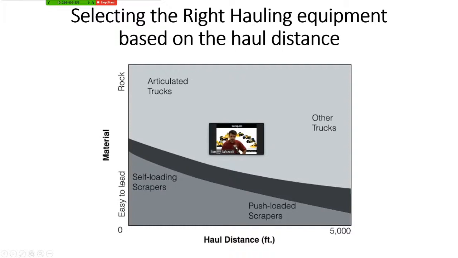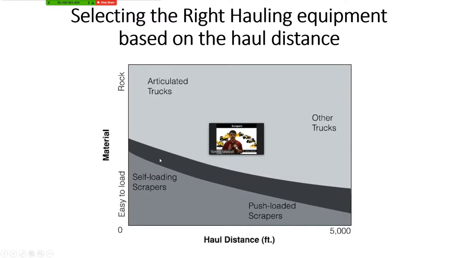If the material is easy to load versus rock, which is hard to load. For easy to load, scrapers are very nice. And for harder types of materials, you would use articulated trucks or other trucks. The black area means you can go with either of them.